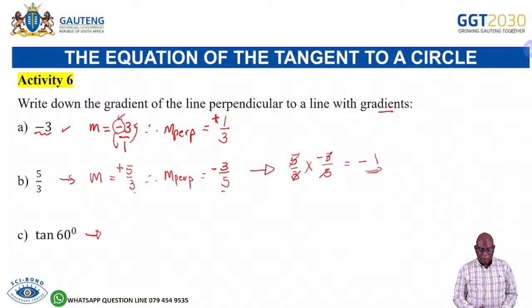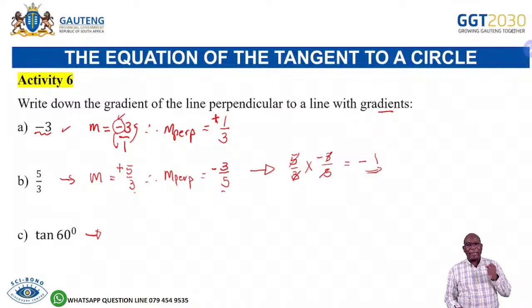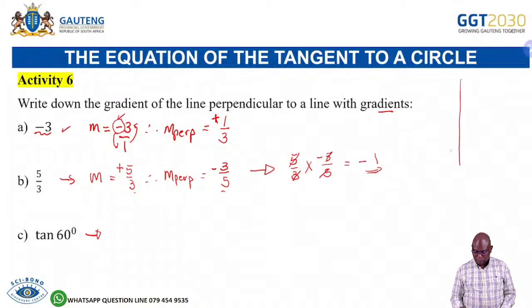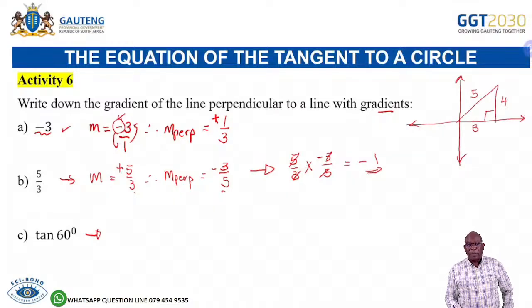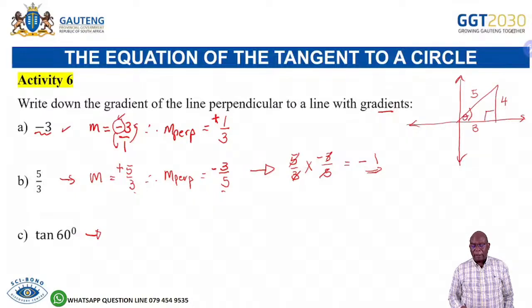To get the tangent of 60, remember, the gradient is the tangent of an angle. So why is it a tangent? This is because if I've got a Cartesian plane and I've got a 3, a 4, and a 5, for instance, using this simple 3, 4, 5 triangle, and I've got an angle here, to get the tangent of this angle I'll use 4/3.